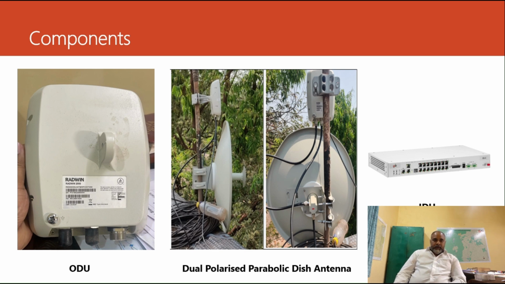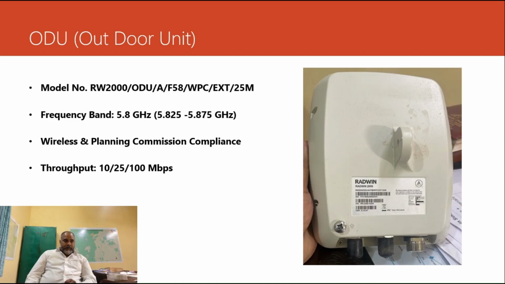Now let's move forward to the hardware components. The first hardware component is the ODU. I have this ODU with me, whose model number is RW2000/ODU/A/F58/WPC/EXT/25M. This model number itself says everything about this ODU.